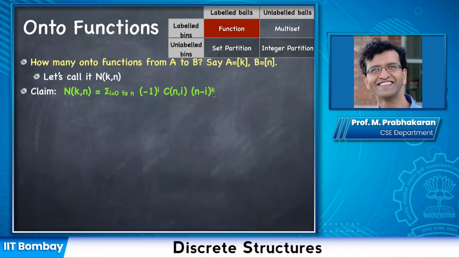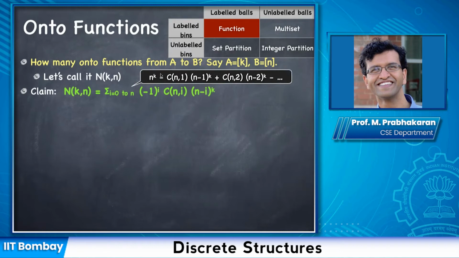So first, for getting a better sense of what this is saying, if you expand it for i equal to 0, n choose 0 is just 1, and n minus i to the power k is n to the power k. So it's n to the power k minus something plus something and so forth.